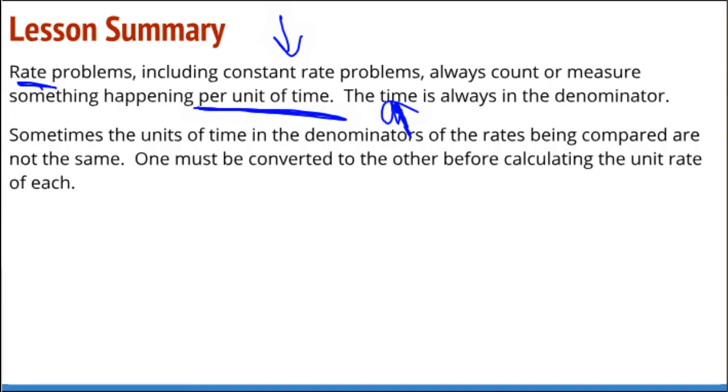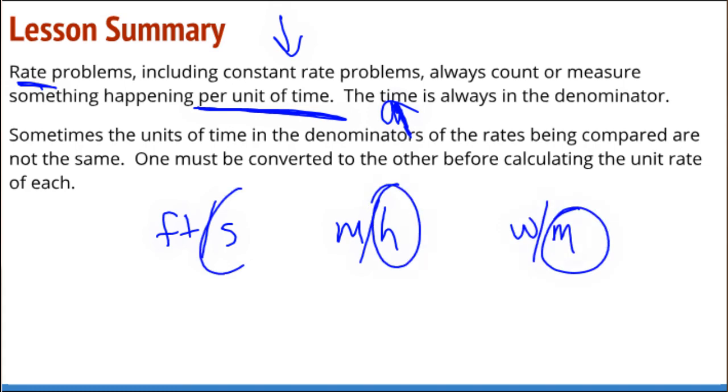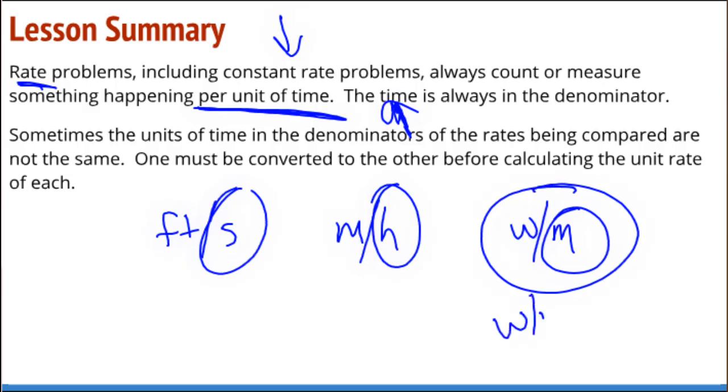You'll notice that the rates that we looked at today, it was always feet per second, miles per hour, words per minute. The time unit winds up in the denominator. Sometimes the units will have to be converted. Sometimes we're not looking at the same thing. We might have words per minute and we might have words per hour, and so we have to do some unit conversion to get them to both be the same.